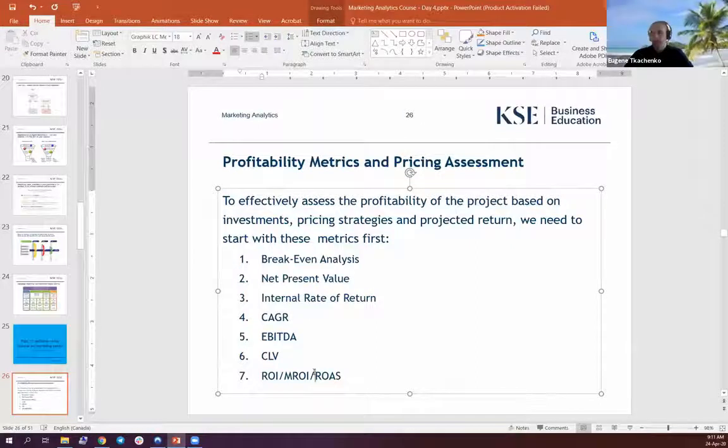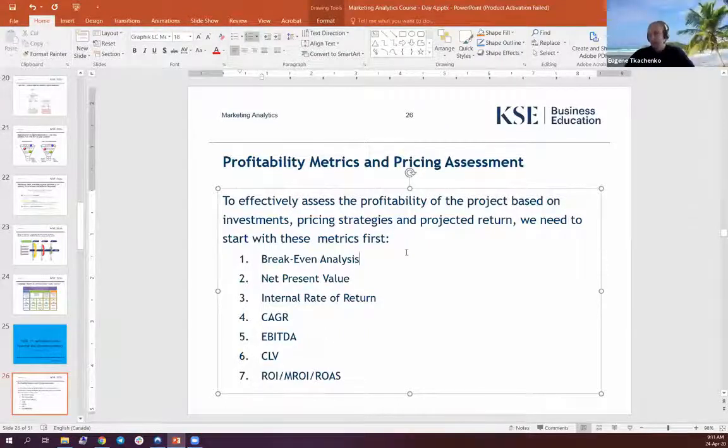Again, it's very self-intuitive and you can learn those metrics on your own, but you will get enough time practicing those on day 2, 3, and for our two assignments, assignment 2 and assignment 3.